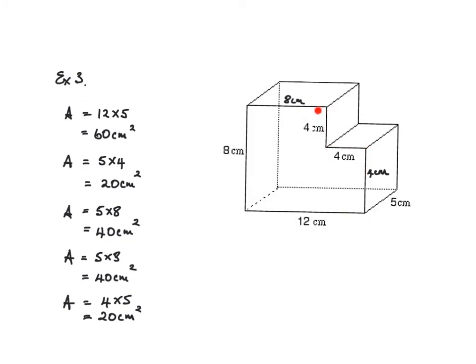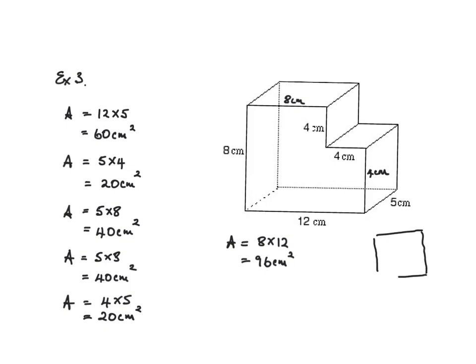This area here. Now, can you see, maybe if I was to draw in, what I'm going to do is to work out the area of the whole face. So area will be 8 times 12, which is 96 centimetres squared, but there's a problem.